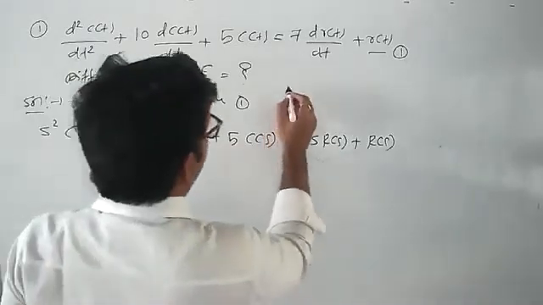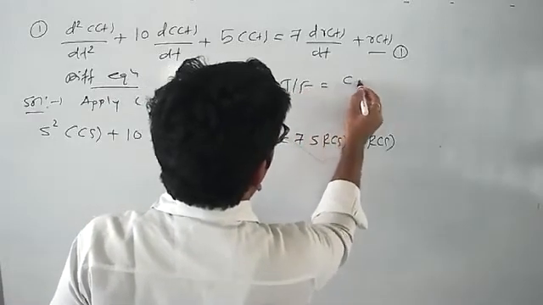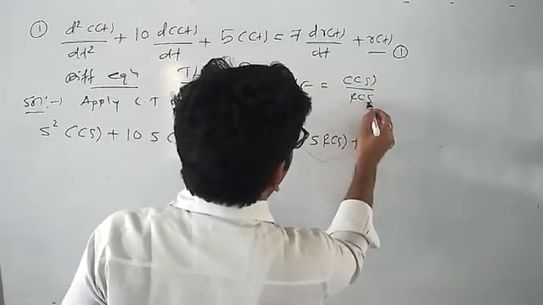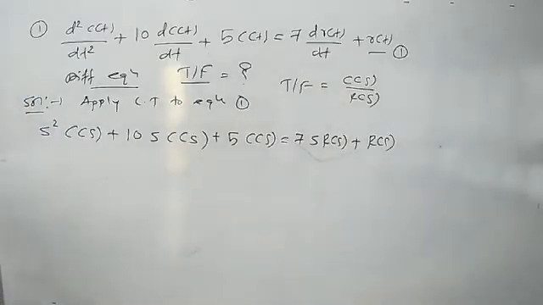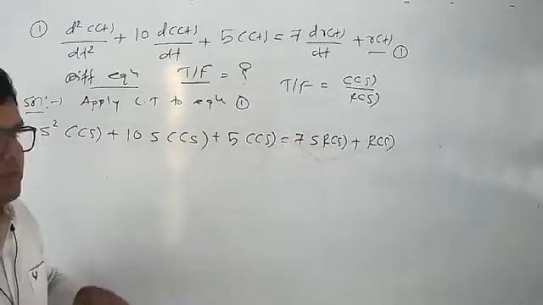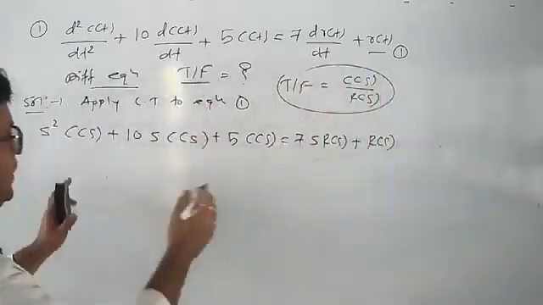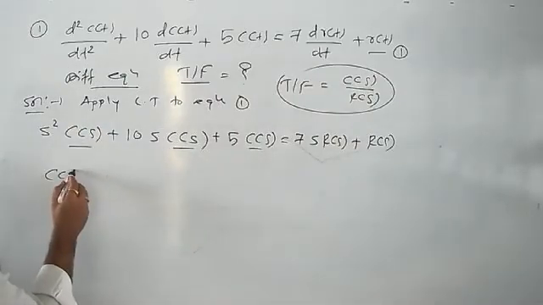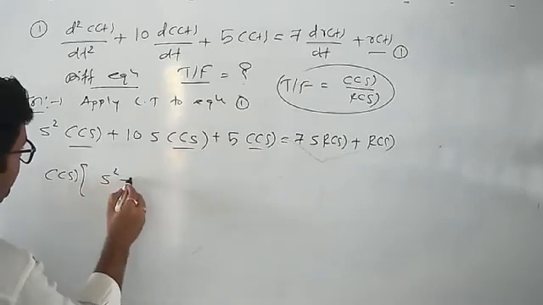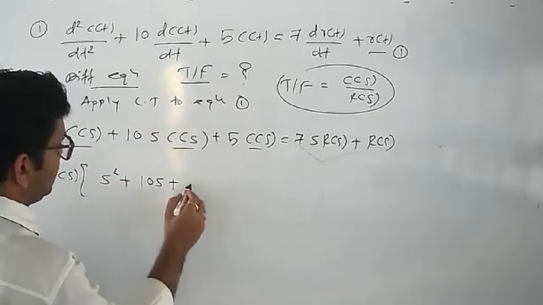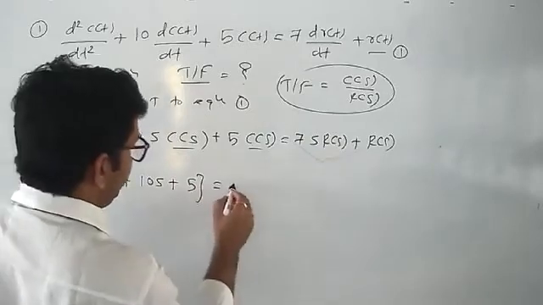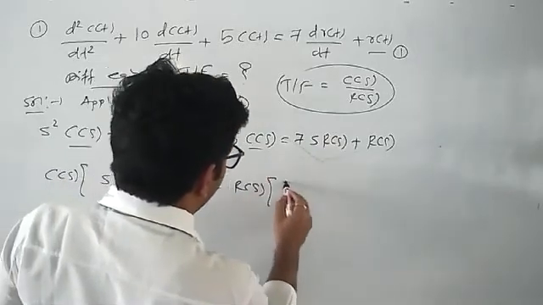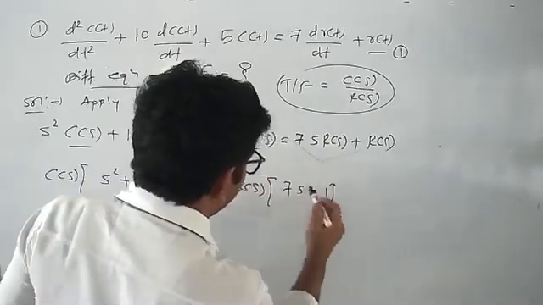Now because we know that transfer function is nothing but the ratio of Laplace transform of output to Laplace transform of input, we need to rearrange this expression in this fashion. So let us take C of s common. Here we have s square plus 10s plus 5, which is equal to, if you take R of s common, 7s plus 1.